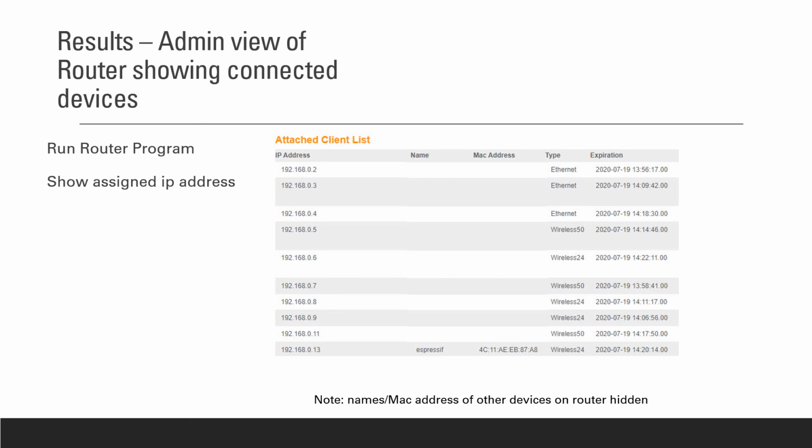It comes up as Espressif for the name and the MAC address. If you look back at some of our earlier videos where we ran the Hello World program, it prints out what the MAC address is, and it's the same one.